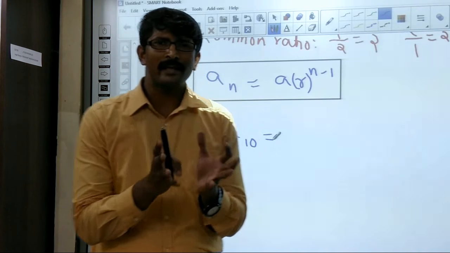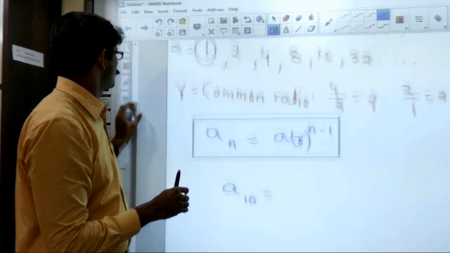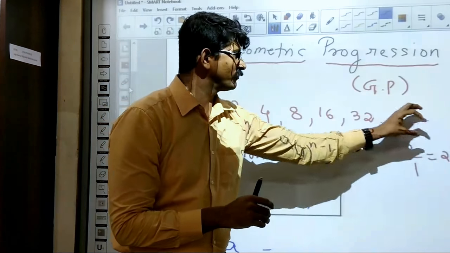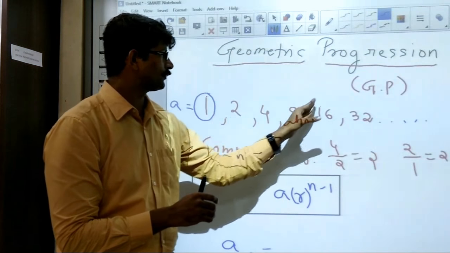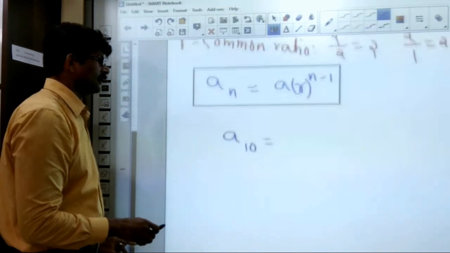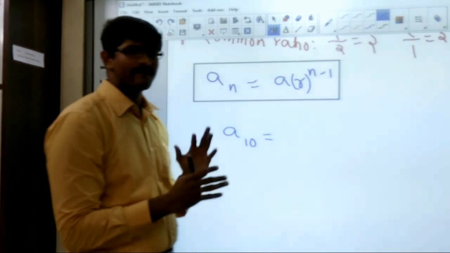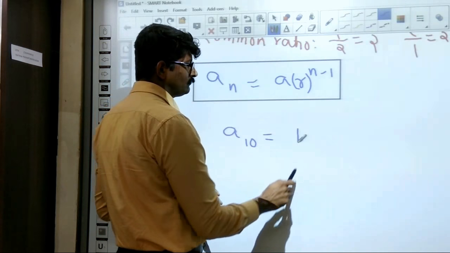a_10 is nothing but the 10th term of that geometric progression, like 1, 2, 3, 4, 5, 6, and so on. I hope you are getting this. So what is a? a is 1.